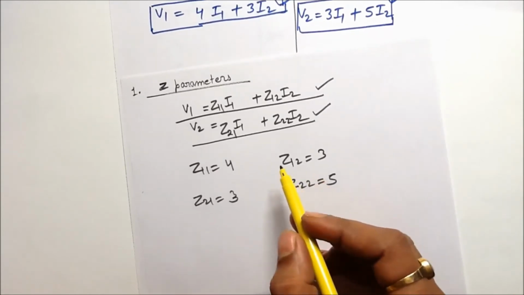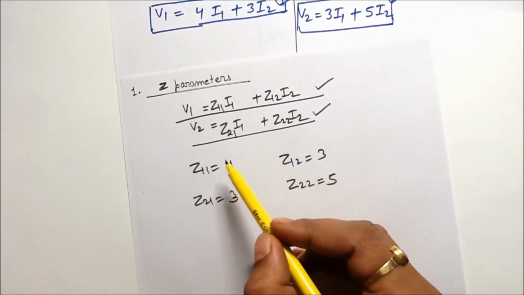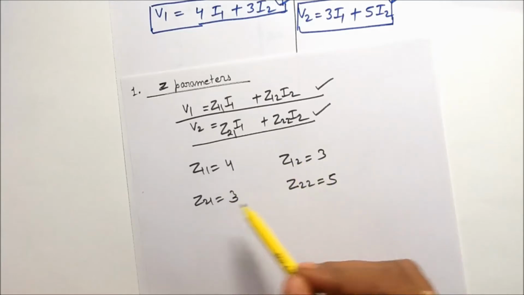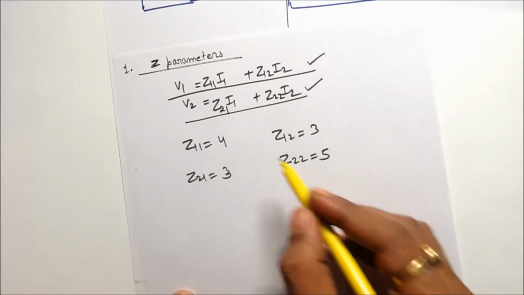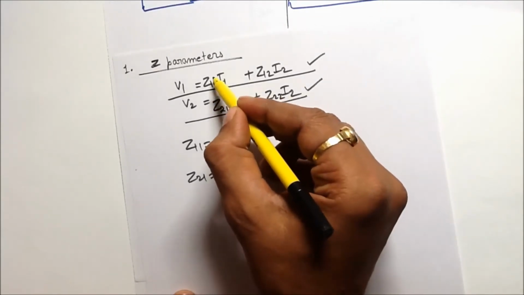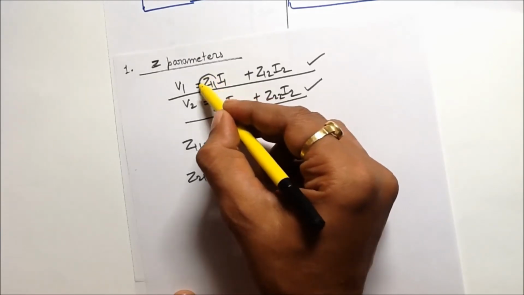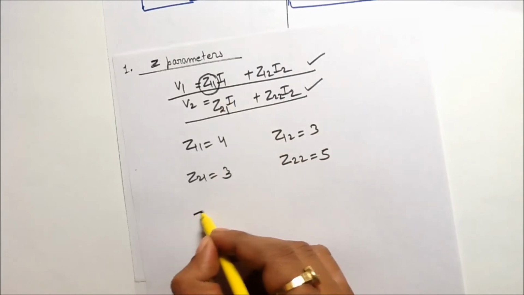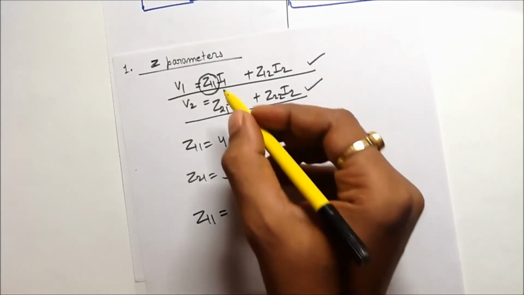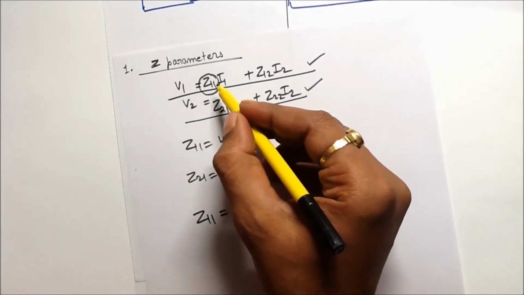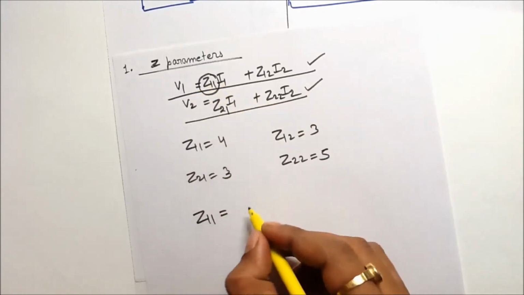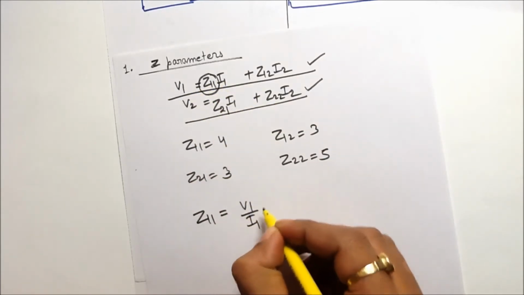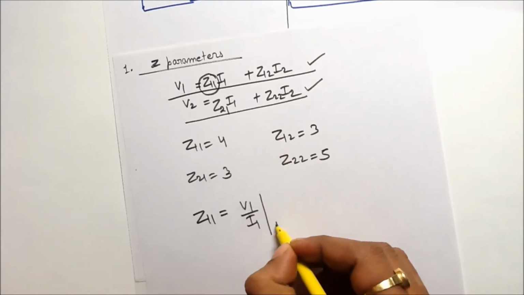Can you tell me the units of Z11, Z12, Z21 and Z22? What is the definition of Z11? Z11 equals V1 upon I1 when I2 equals 0.